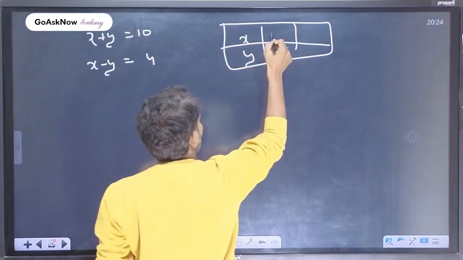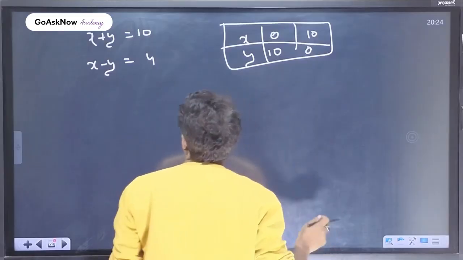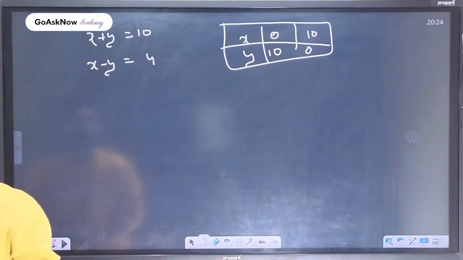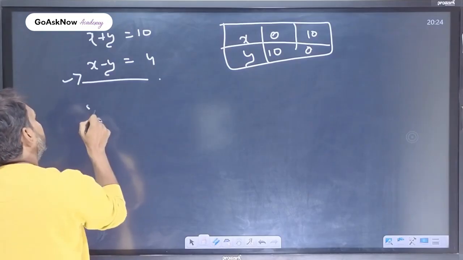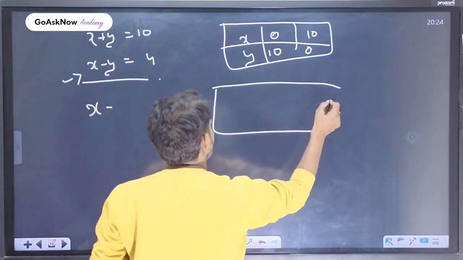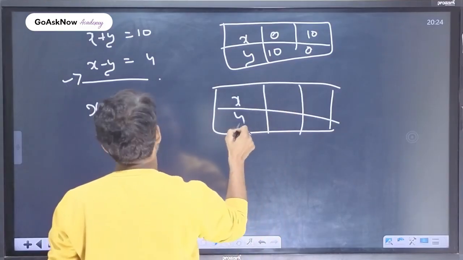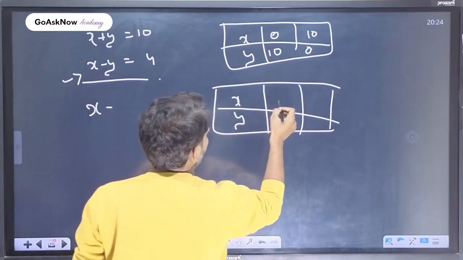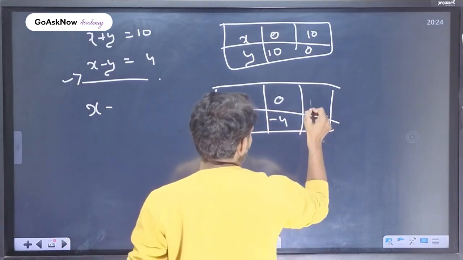When x is 0, y is 10, and when y is 0, x is 10. For x minus y equal to 4, when x is 0, then y is minus 4. When y is 0, x is 4.